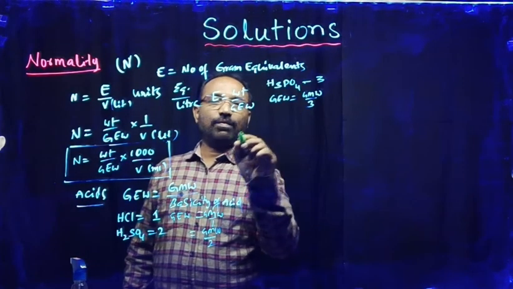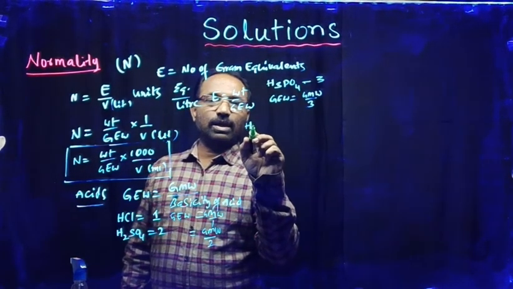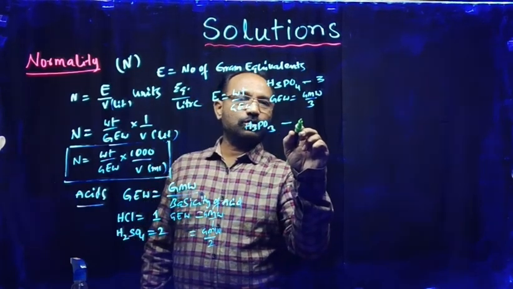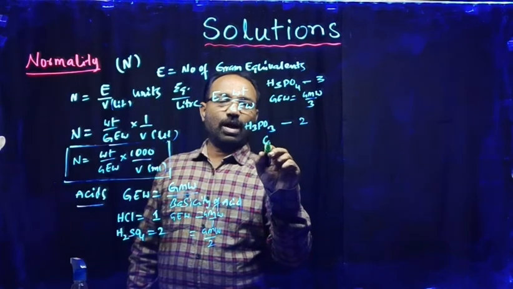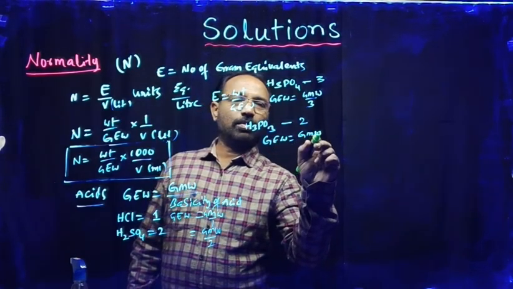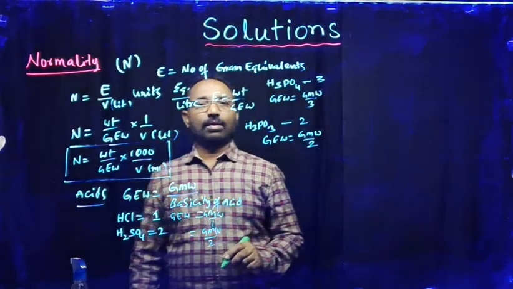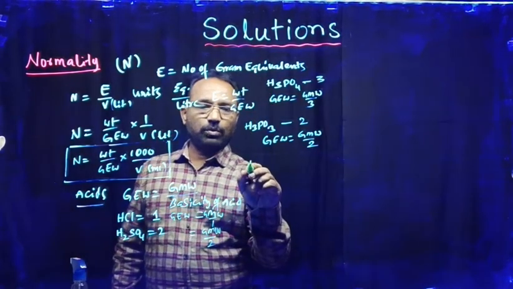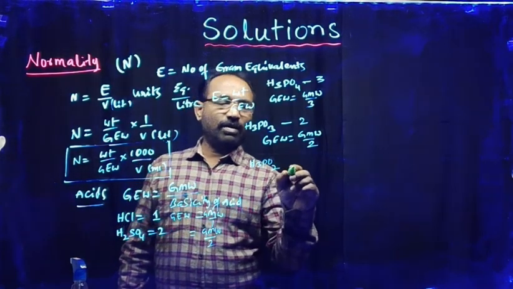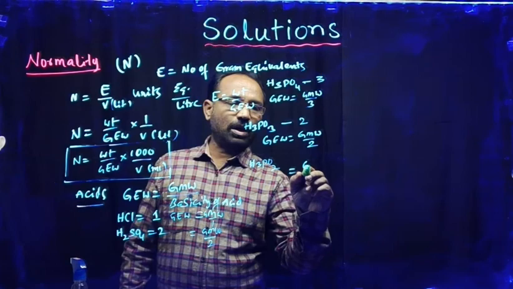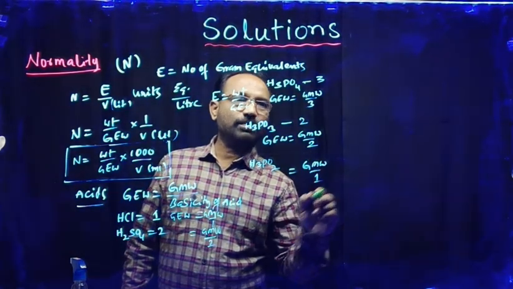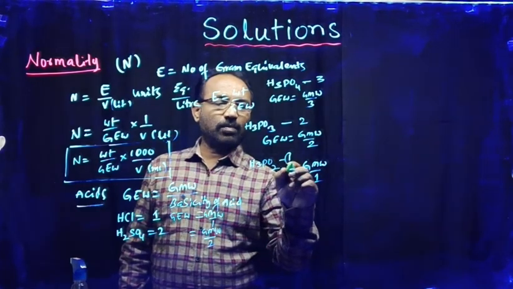And similarly, if I take H3PO3, the basicity is 2. Therefore, gram equivalent weight equals gram molecular weight by 2. In case of H3PO2, the gram equivalent weight equals gram molecular weight by 1. Why? Because basicity is 1.